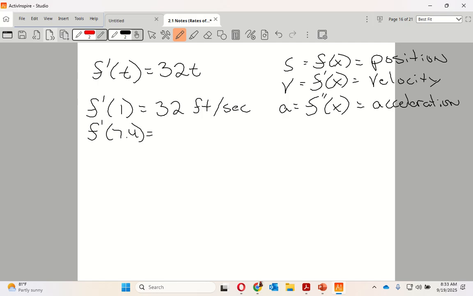Go ahead, plug that in a calculator, because I'm not that good at math. Alright, go ahead, Blade, say it. 236.8 feet per second.